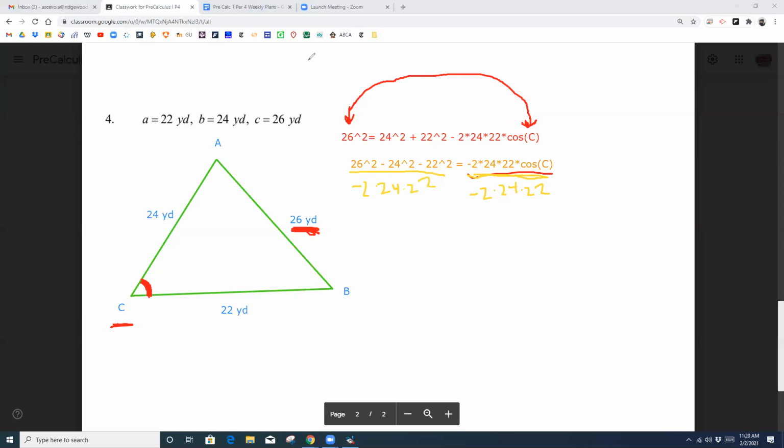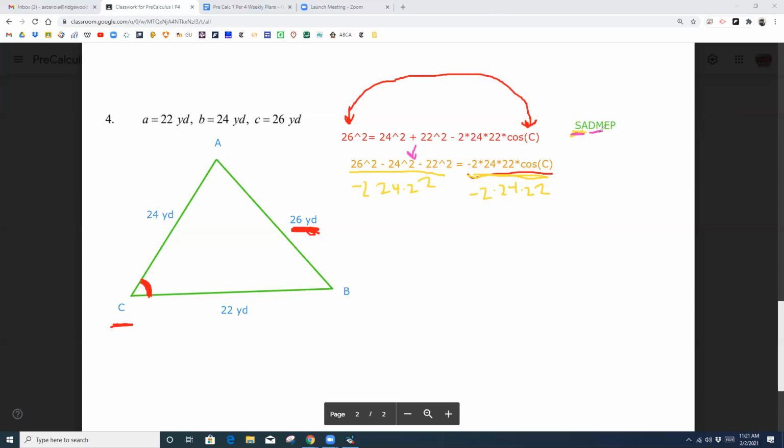Now remember, when you're solving for a variable, SADMEP is PEMDAS in reverse. That's how you remember the order of what you're doing. First we add and subtract on both sides. That's why, from here to here, we subtract the 24 squared and 22 squared first.